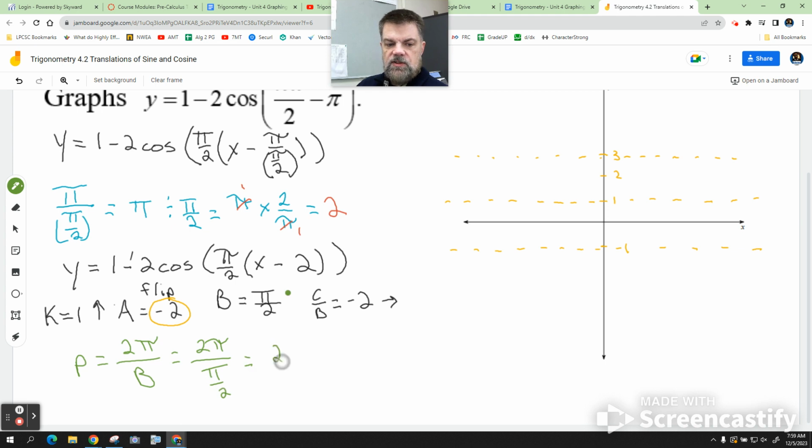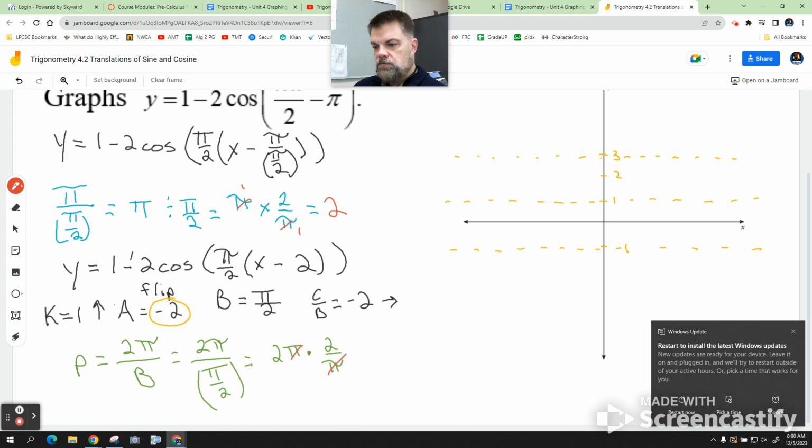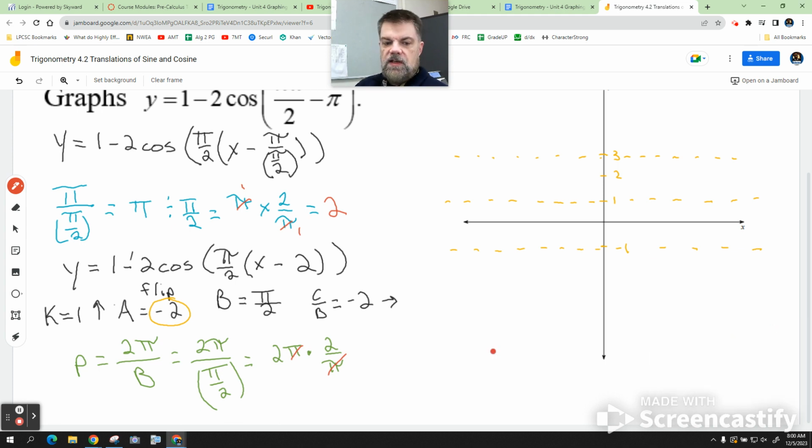That's the same as 2 pi multiplied by the reciprocal, right? Because we're technically dividing by pi over 2, so we multiply by the reciprocal, which would be 2 over pi. My pi's cancel. And so my period is actually 4. So that means if I would go 1, 2, 3, 4, this is 4.